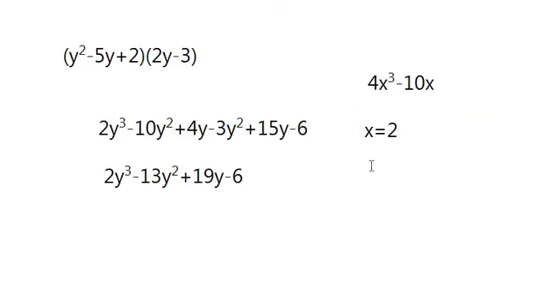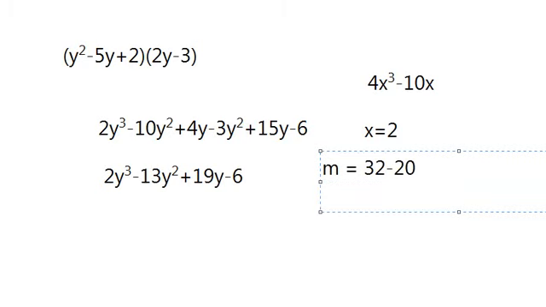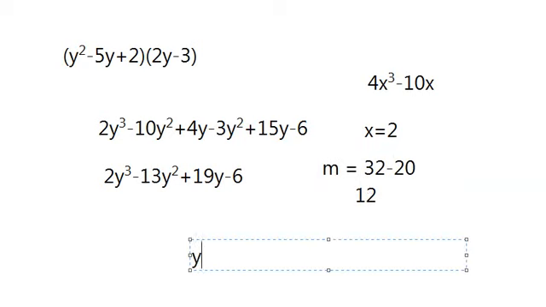Because we've differentiated the equation, we can simply say the gradient m will be equal to 8 times 4, 32 minus 20, so it's 12. Okay, so the gradient is 12, so the equation will be y equals 12x plus c.